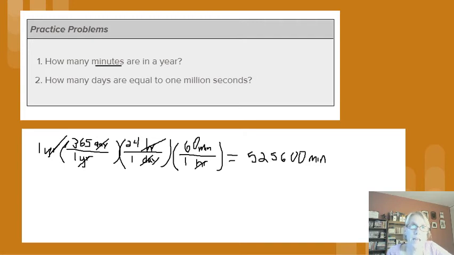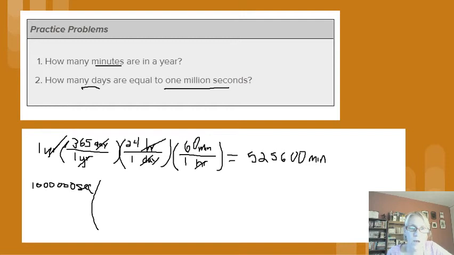All right, now the second one, how many days are equal to 1 million seconds? So 1 million is a 1 with 1, 2, 3, 4, 5, 6 zeros. So we've got 1 million seconds. All right, and hopefully you know that that's 10 to the 6 seconds, but I thought I'd write it out.